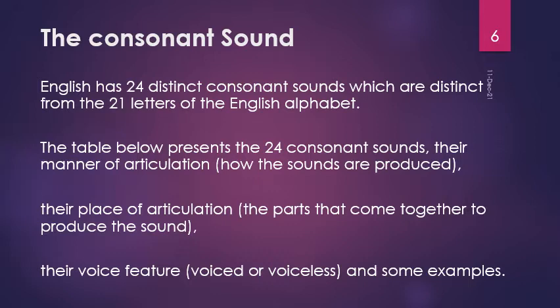The table below presents the 24 consonant sounds and their manner of articulation, that is, how the sounds are produced, as well as their place of articulation, that is, the parts that come in contact to produce the sounds. It also shows the voicing feature, that is, whether a sound is voiced or voiceless.